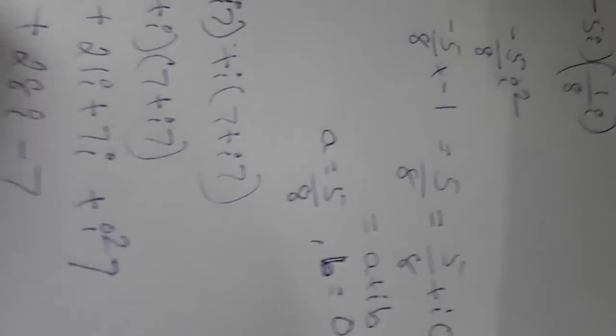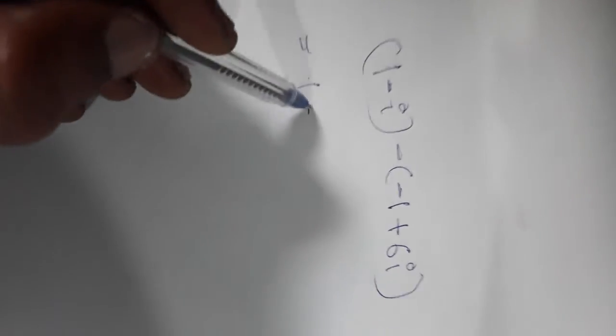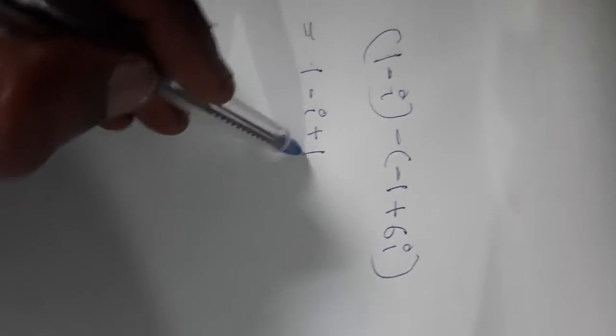this problem: 1 minus i minus of minus 1 plus 6i, right? So this is the problem. So this will be equal to 1 minus i plus 1 minus 6 times i.